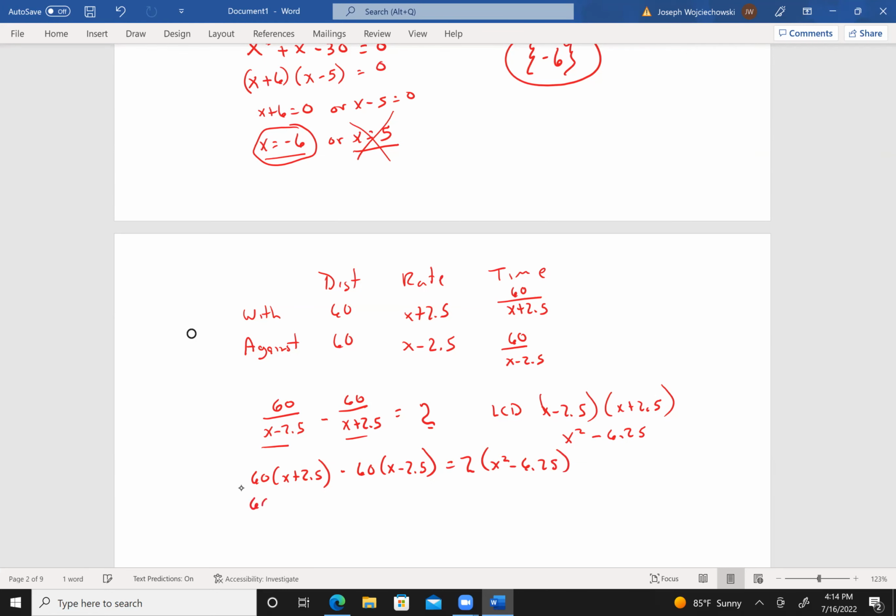So this is 60x, and this becomes plus 150 minus 60x plus 150 equals 2x squared minus 12.5.